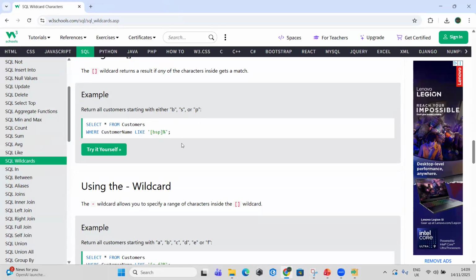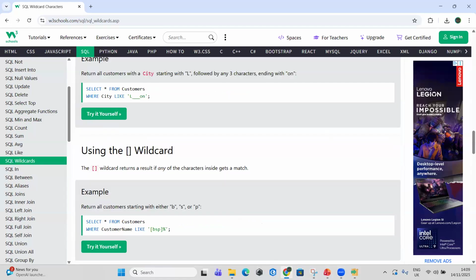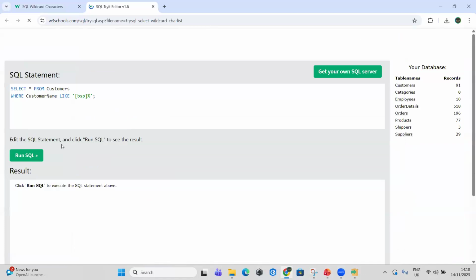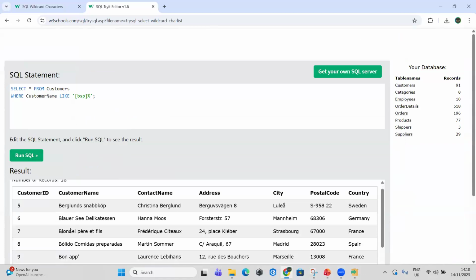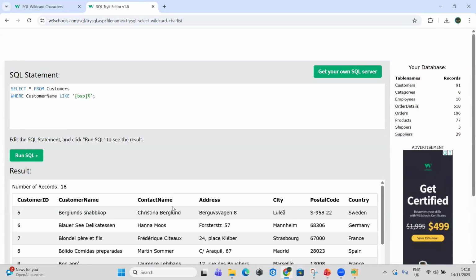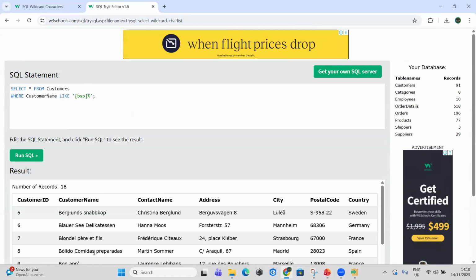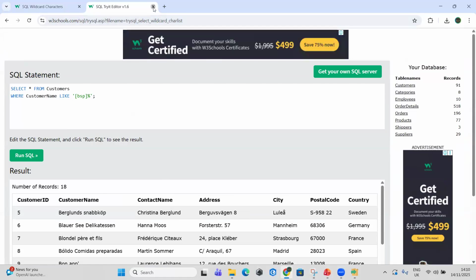It is not easy to go directly and write this in your SQL query. You will always have to come back and look for such things. So what this means is either the name starts with B, or with S, or with P, and can end with anything, but should start with only these. So there are names with B and S, and there's no name with P, so it's not there. But it can end with anything, right?